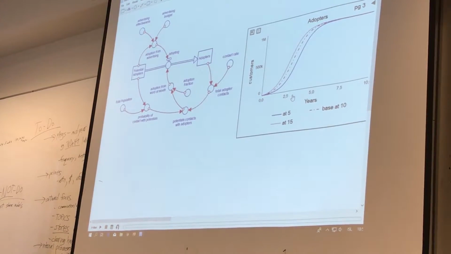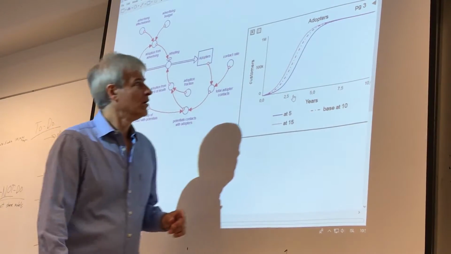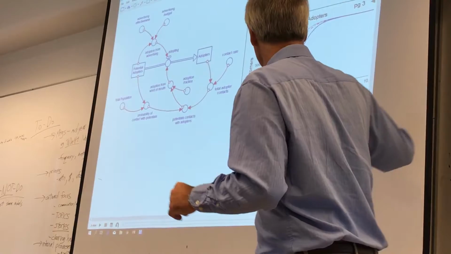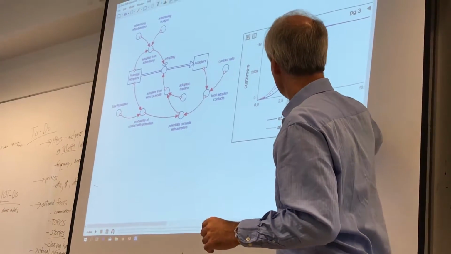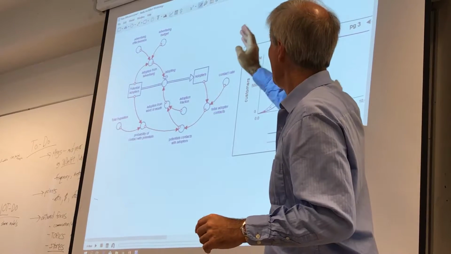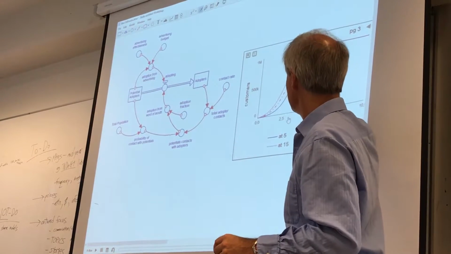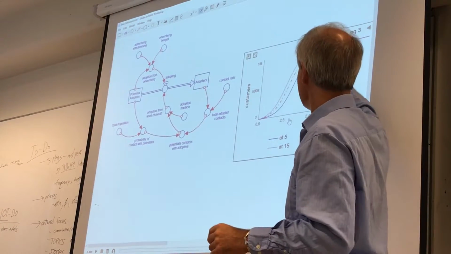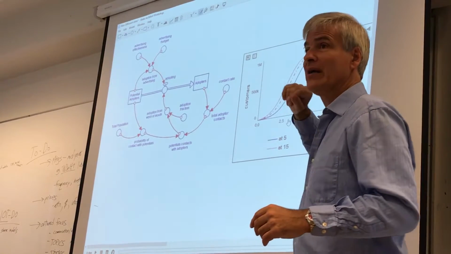Now, what can we observe about this? Remember, we just did the sensitivity analysis, and we're increasing the amount that we're spending on advertising, and we can see that that's making adopters come in earlier, right?